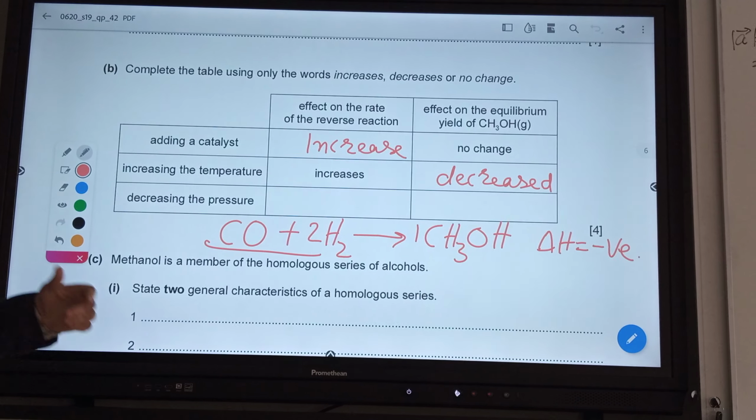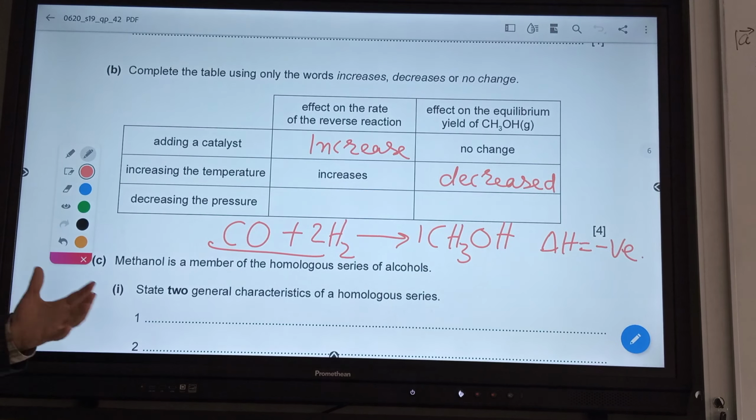Decreasing the pressure: whenever we decrease the pressure, equilibrium shifts from fewer moles to more moles. There are fewer moles on the right side, so it will shift back, so the amount of product, or yield, decreases. Pressure decreasing also decreases the rate of reaction, so we can say decrease. Understood?